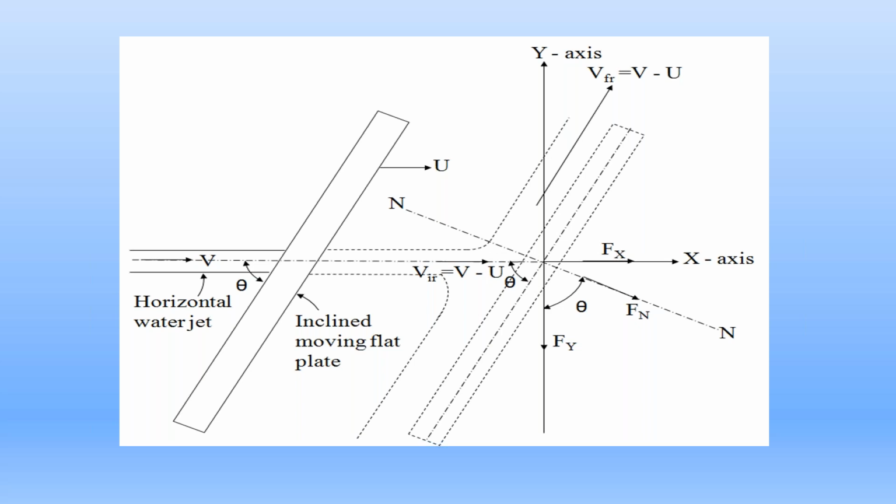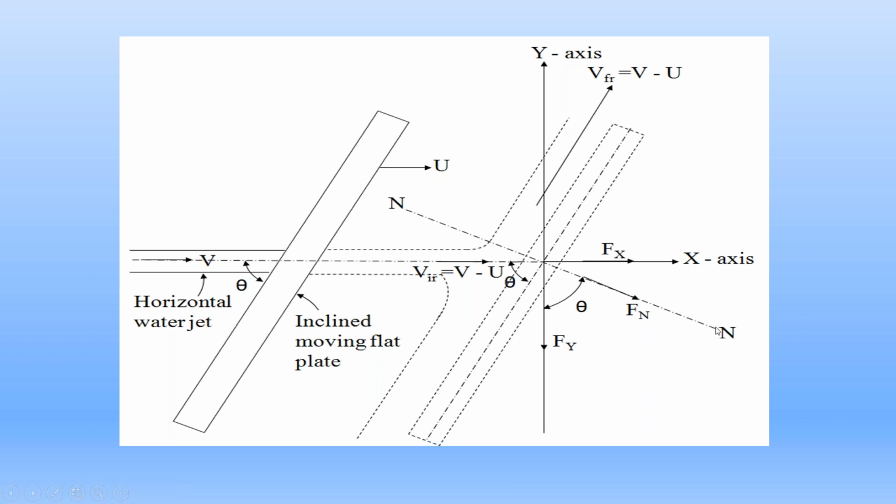So in this impact, first understand what is the initial relative velocity of the water jet in the direction of force Fn. You know that the initial relative velocity is along the x-axis. This is the normal, N is the normal.